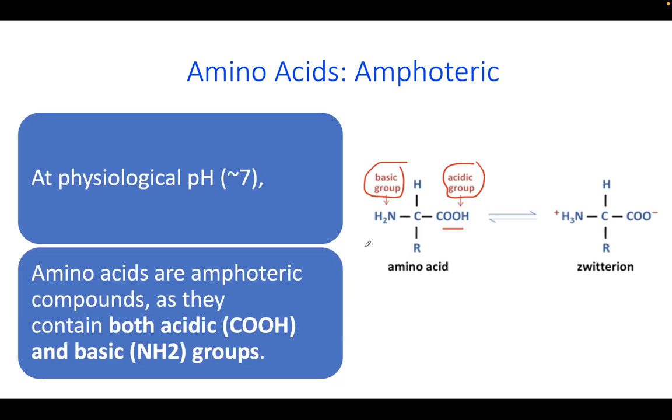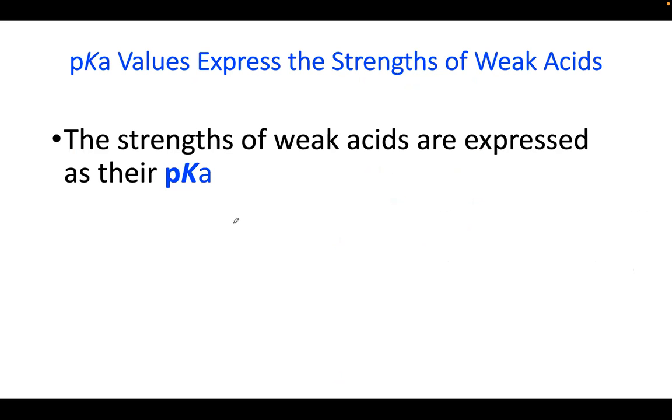The basic group is the amino group. Diba? All amino acids have a carboxyl group, which is the acidic group, and an amino group, which is the basic group. So please remember this, amphoteric. So amino acids exist in a Zwitter ion state. Amino acids are amphoteric.